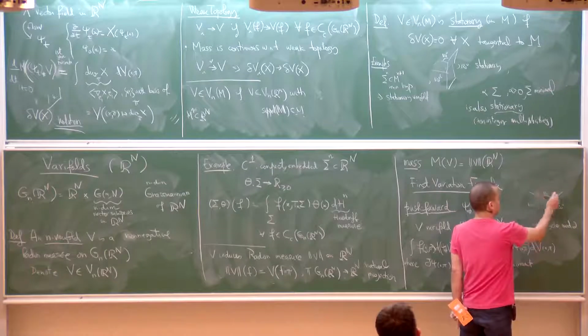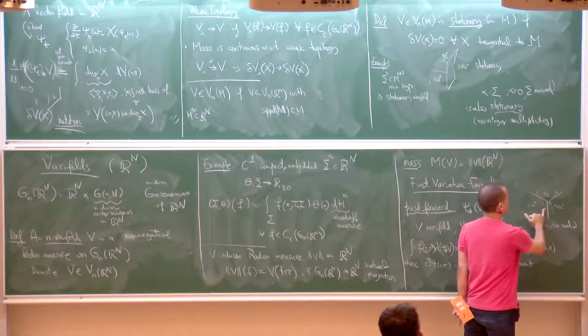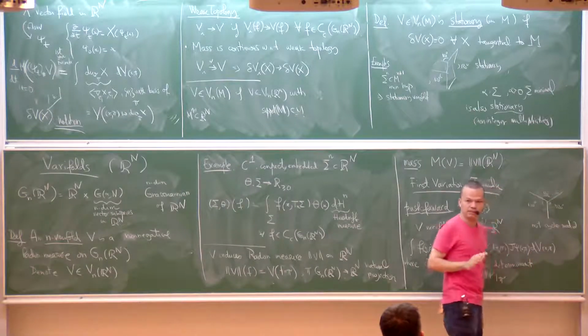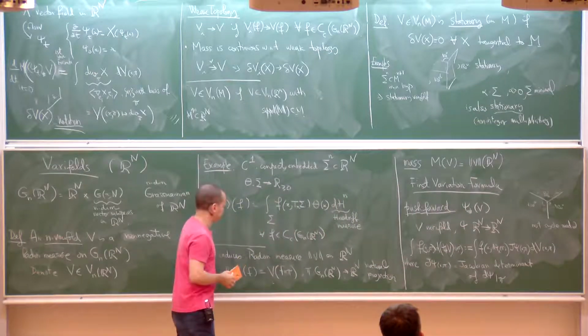But they could appear with multiplicity 2, and that is a cycle. So a triple junction with multiplicity 2 is in principle a perfectly fine object that we have to rule out.